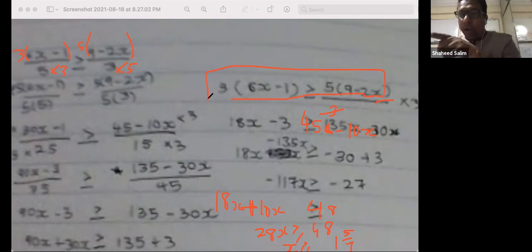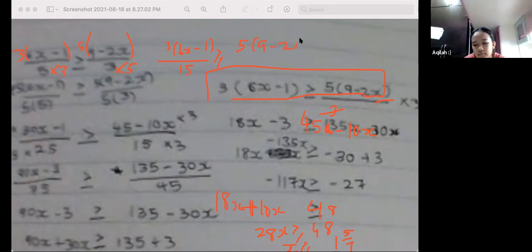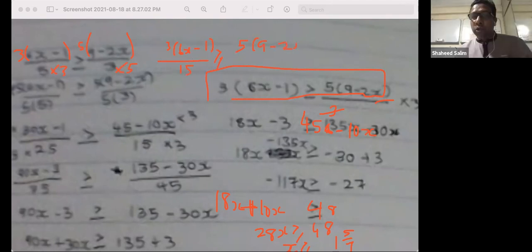So if you feel more comfortable having the same denominator, your final one will be something like this: 3 times (6x minus 1) over 15 greater than or equal to 5 times (9 minus 2x) over 15. Maybe you are used to this method. If you use this method, no problem.